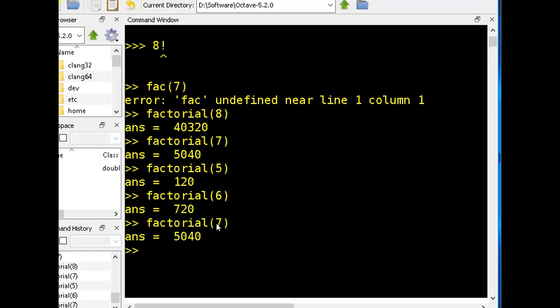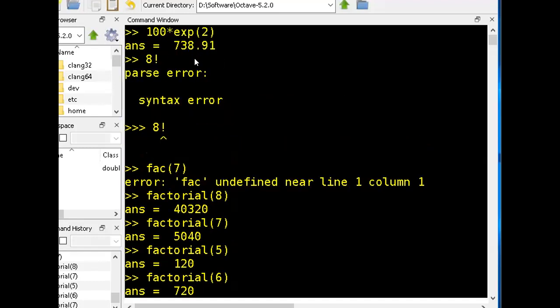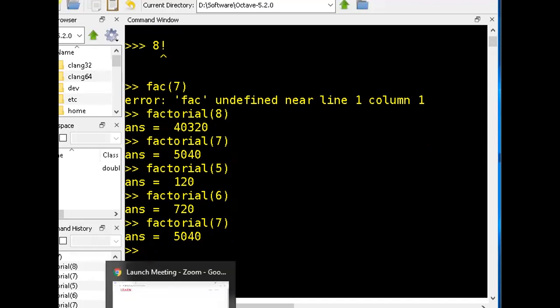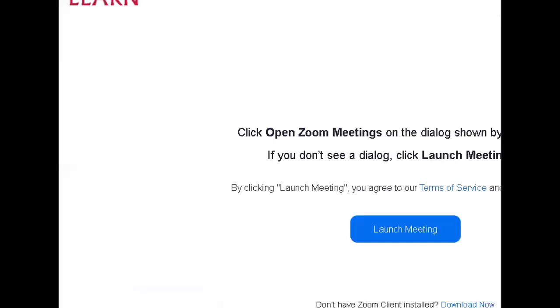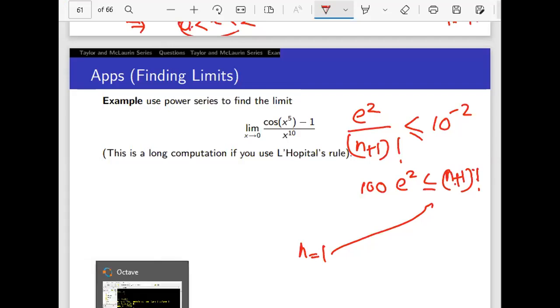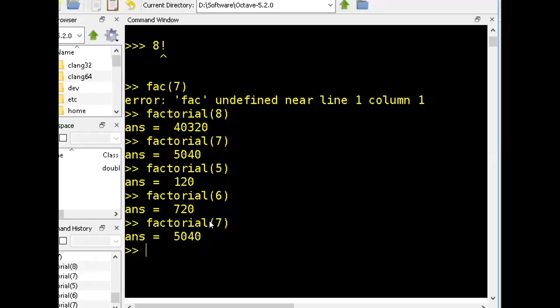So this one is greater than or equal to this, right? So the minimum value of n would be what? So factorial 7. Yep.